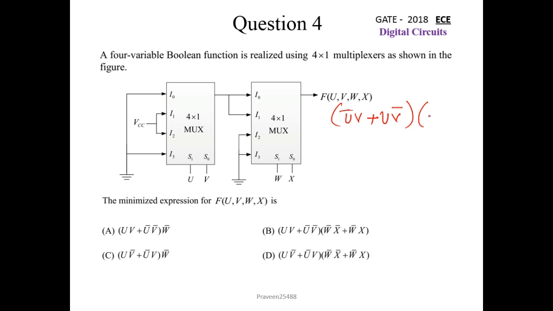For I0 it would be w bar x bar plus, for I1 it would be 0 1, or we can write w bar x. So here we will see that this is the output f of u v w x, and it matches with option D. So D is our correct answer.